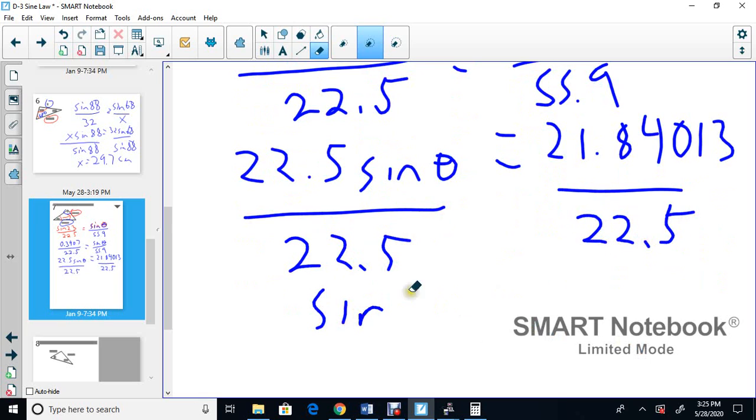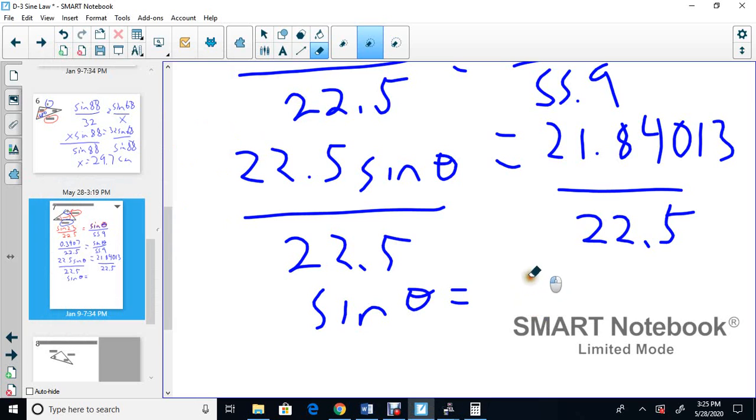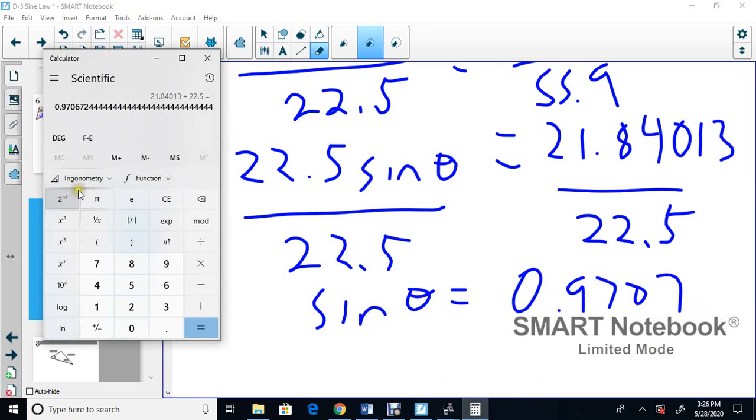And they get sine theta equals, again you're going to get a decimal. So they go divided by 22.5, or they just type that number in again, and they get 0.9707, just like before. And then they go second sine.